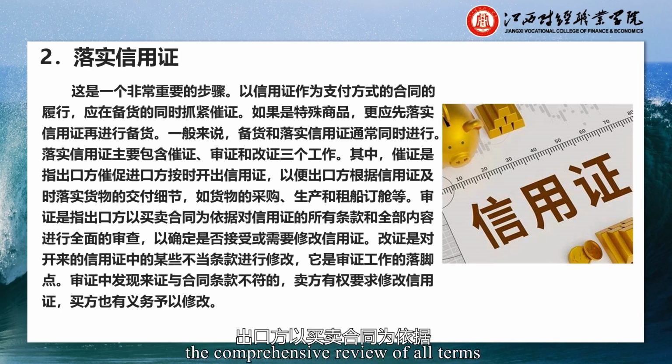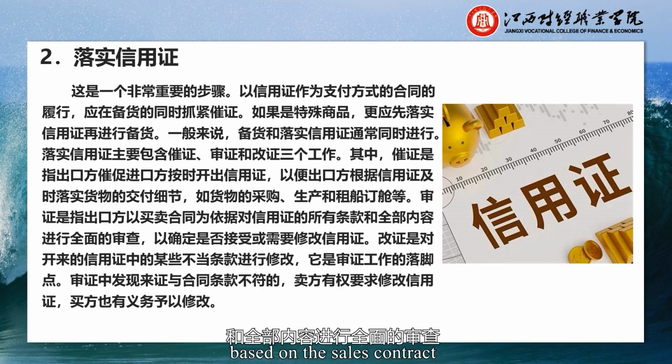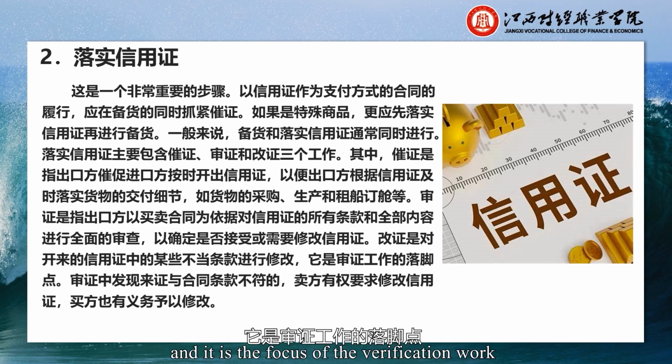Review refers to the comprehensive review of all terms and contents of a letter of credit by the exporter based on the sales contract in order to determine whether to accept or modify the letter of credit. Amendment is the process of modifying certain inappropriate terms in a letter of credit that has been issued, and is the focus of the verification work.